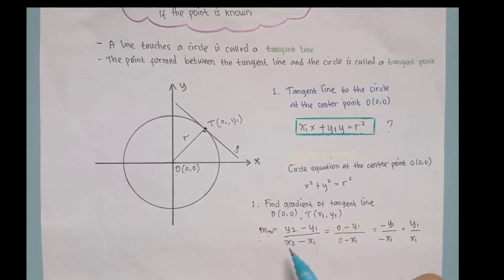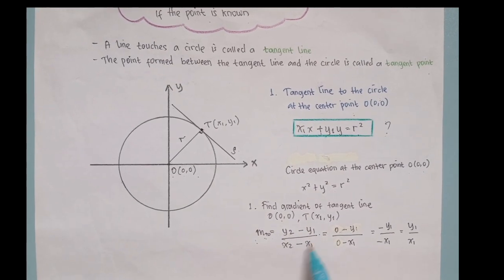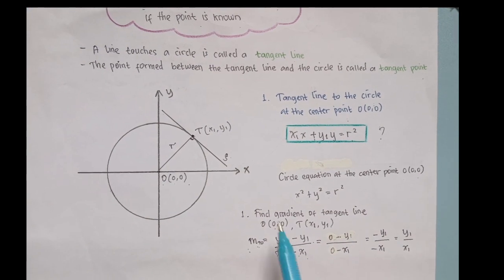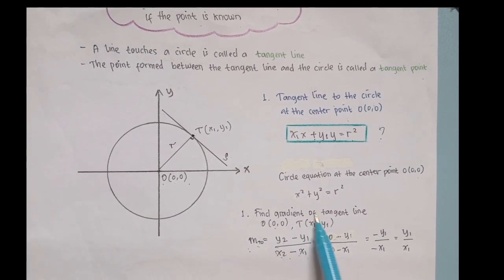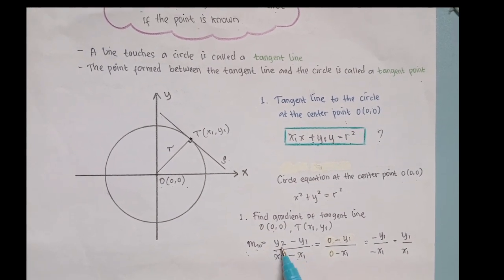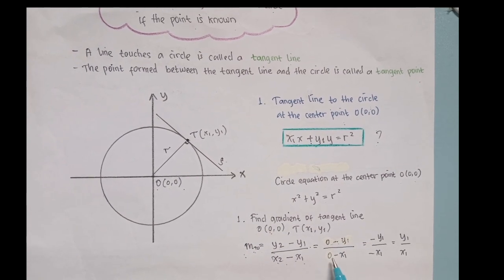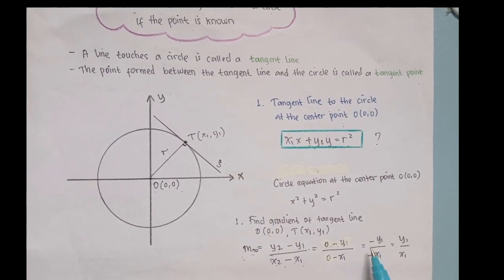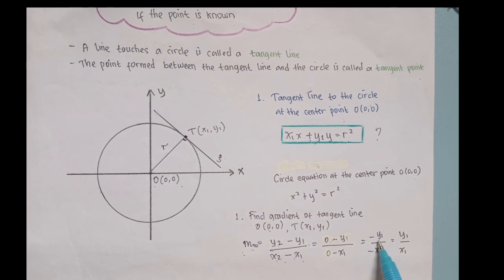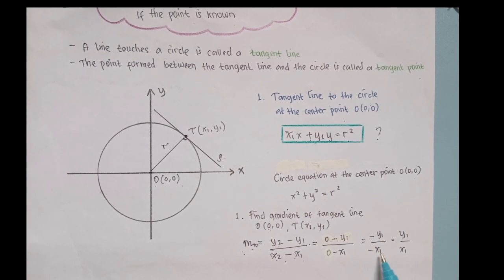Gradient TO is y2 minus y1 all over x2 minus x1. So we substitute the points into the formula. So 0 minus y1 over 0 minus x1 is equal to minus y1 over minus x1.